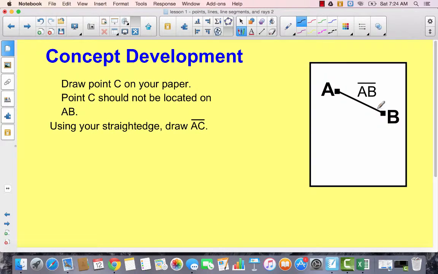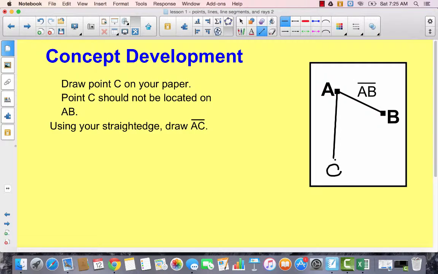Okay, all right, now I want you to draw another point on your paper somewhere, but it cannot be on AB. It cannot be on this line segment. Make it anywhere else. I'm going to make mine down here, and I'm going to label it C. So this is point C. Now, with your straight edge, I want you to draw a line segment connecting point A to point C. So it should look like this.